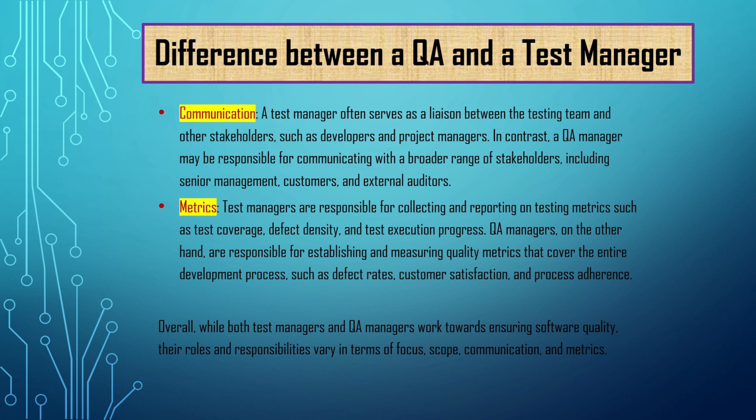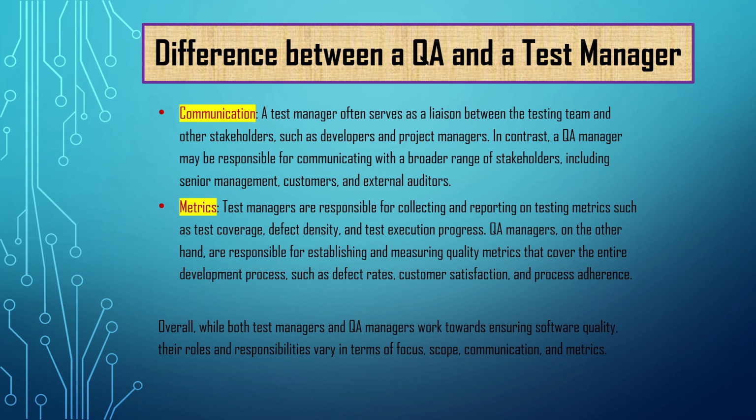They communicate globally. So in terms of metrics, test managers are responsible for collecting and reporting on testing metrics such as test coverage, defect density, execution progress, status reports, and all those things, like part of their daily BAU. And QA managers, on the other hand, are responsible for establishing and measuring quality metrics.